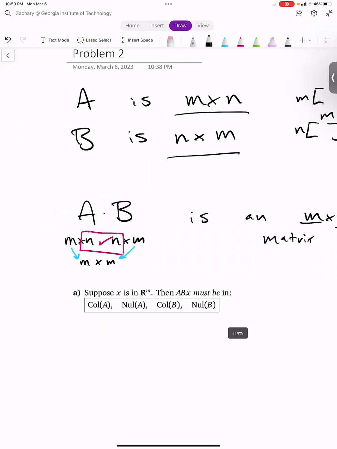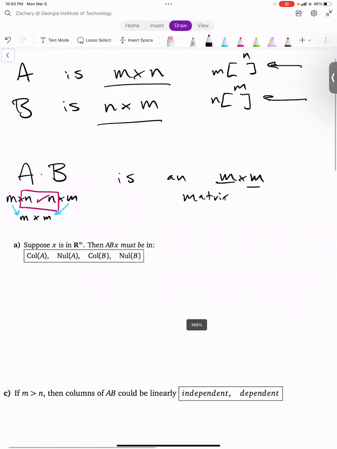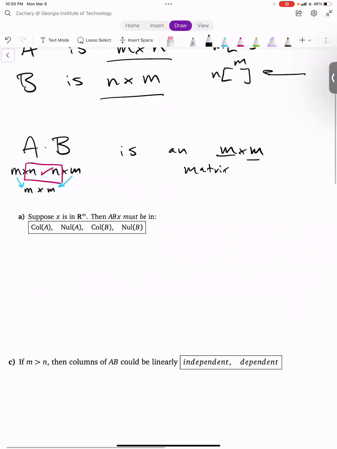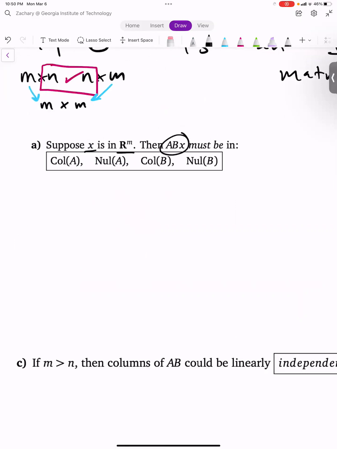Let's go back to the first statement of what they tell us about this question. X is in R^M, and let ABX be the thing we're talking about. Where must this lie? ABX is in the column space of AB, because this is just equal to some vector, and those vectors comprise our column space.